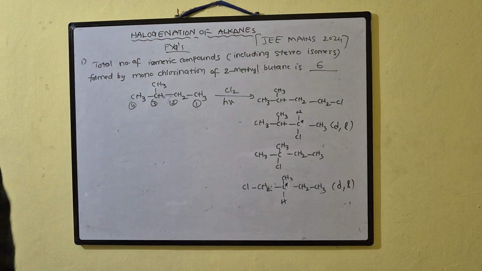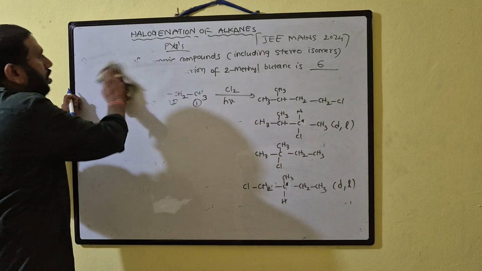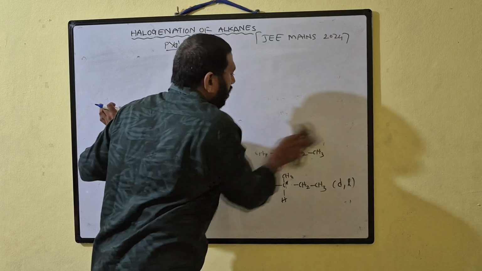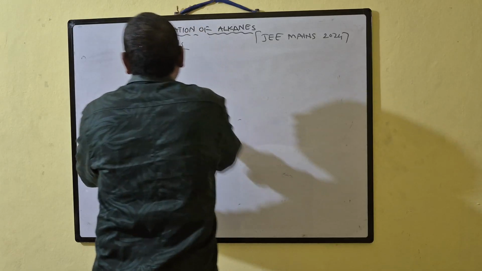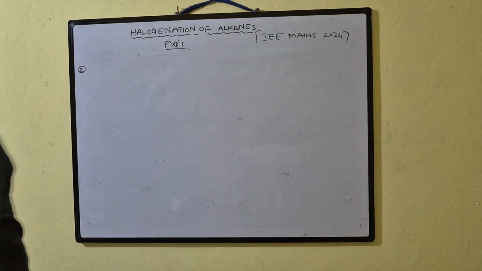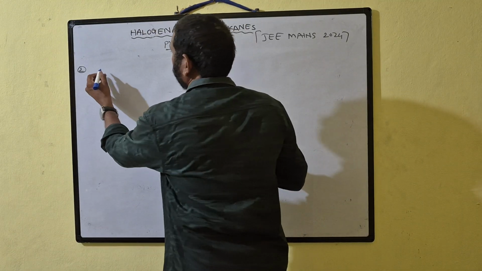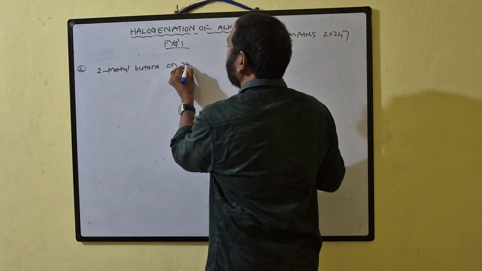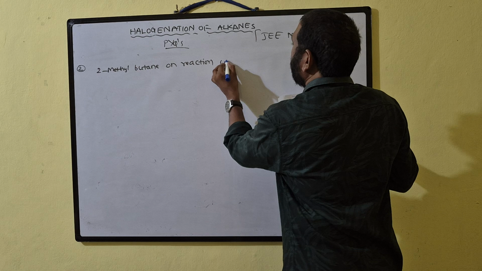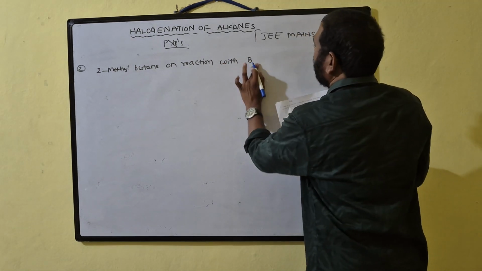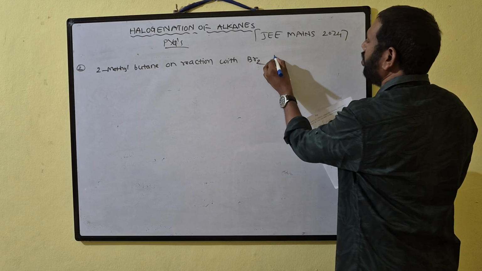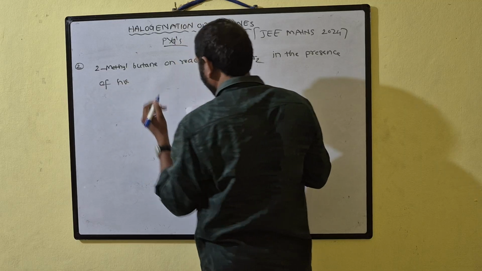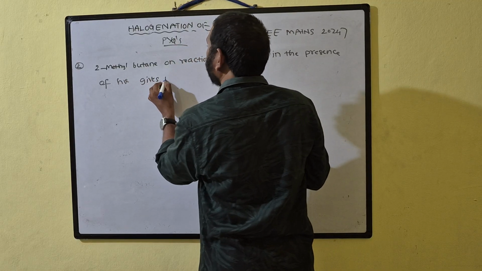Now coming to the second question. 2-methylbutane on reaction with bromine, Br2, in the presence of hν, that means sunlight, gives the major product.